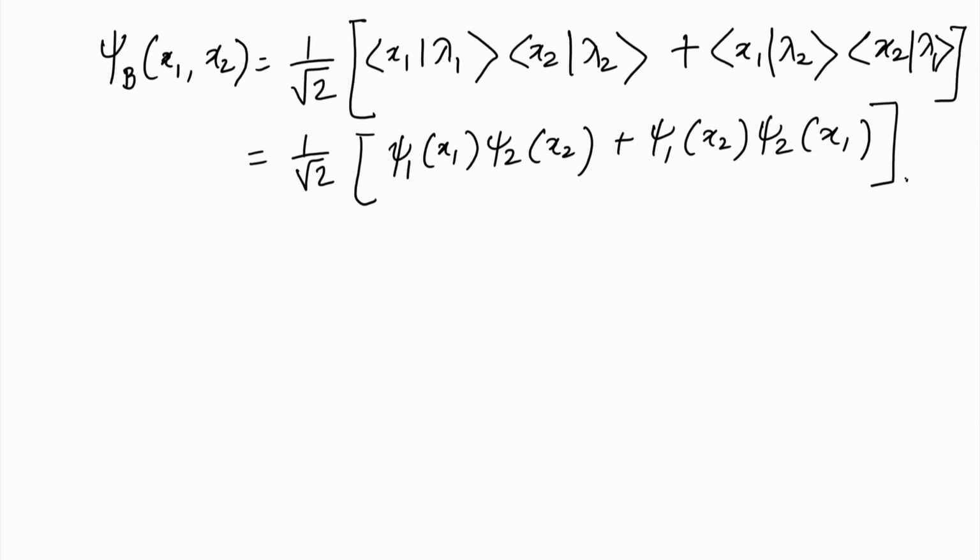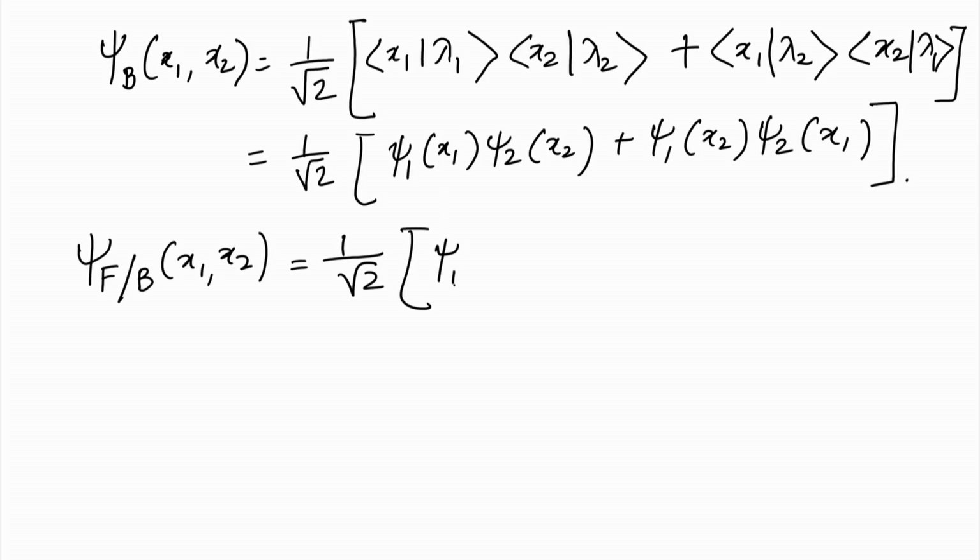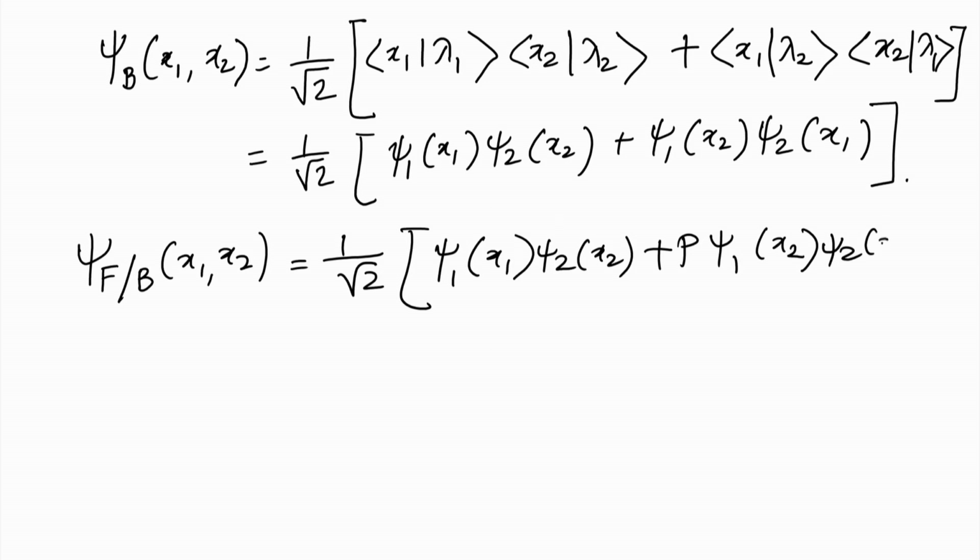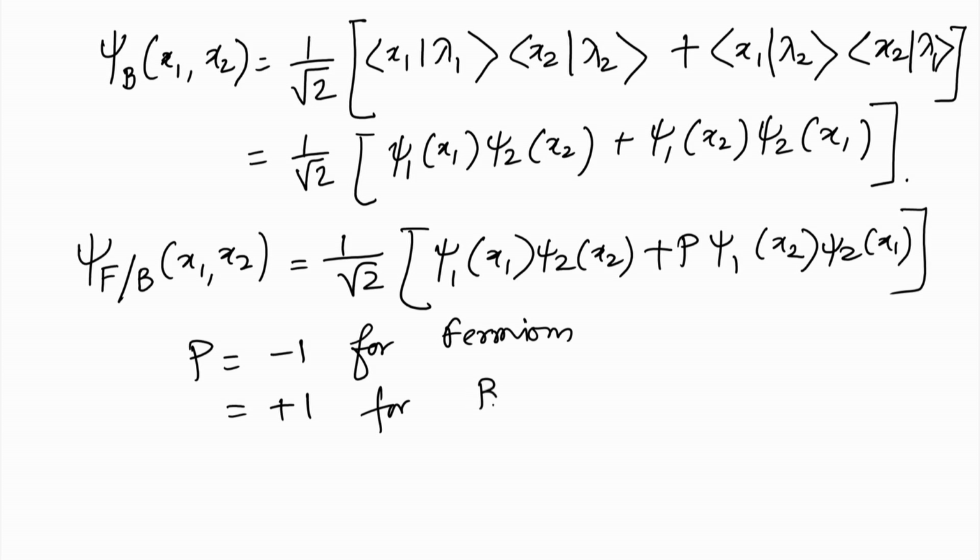So, either for fermions or bosons, we can write it in a more compact notation: psi 1 x 1 psi 2 x 2 plus p times psi 1 x 2 psi 2 x 1, where p is equal to minus 1 for fermions and equal to plus 1 for bosons.